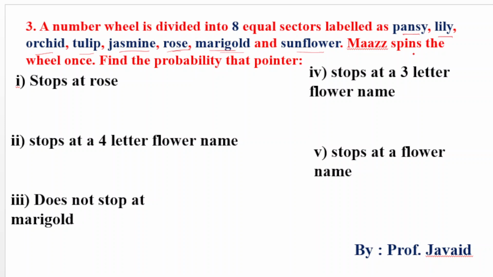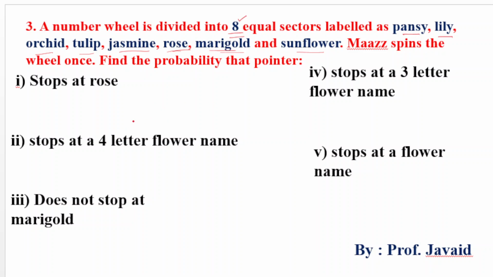You may spin the wheel once. Find the probability that the pointer stops at rose. There is only one rose. The wheel is divided into 8 equal sectors, so each sector has an equal probability of being landed on.